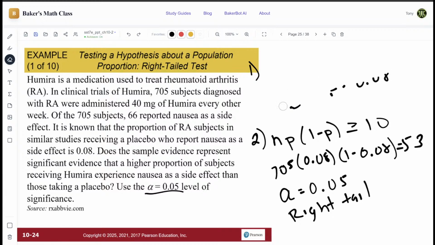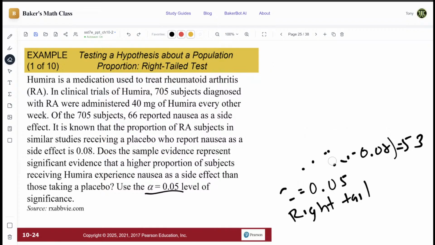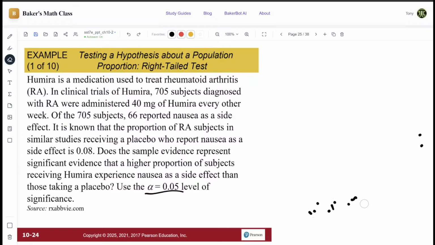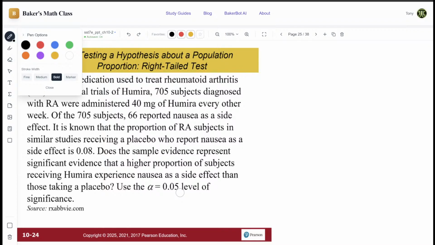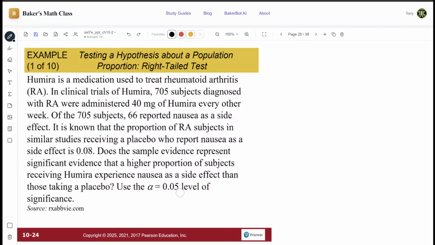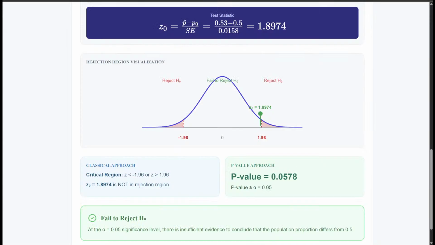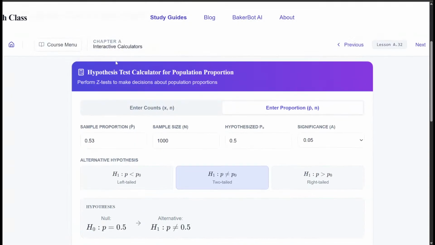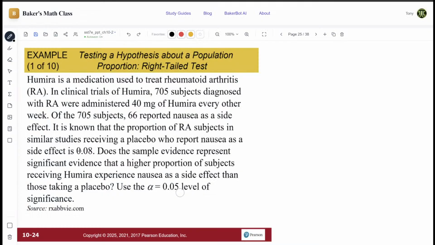So now I've got to find my pieces of information. So let's go over here and use this. So in this case, do they give me my proportion, or do I have to calculate it? Do they give me the data?